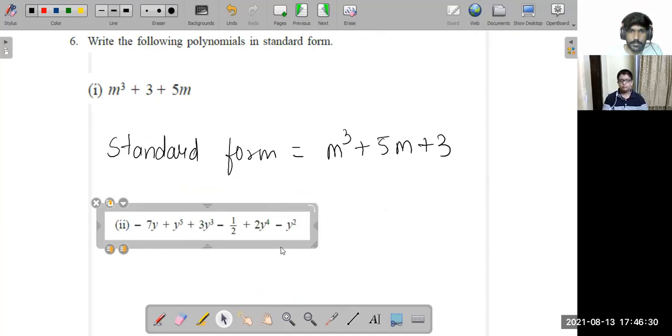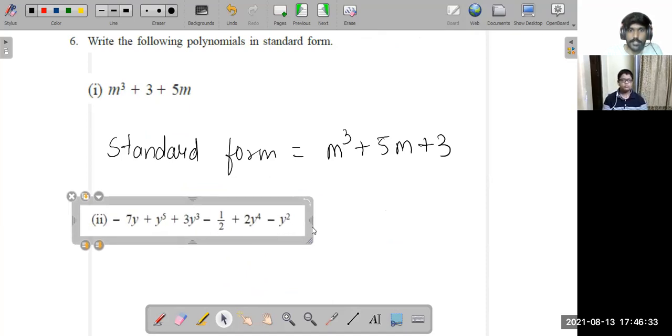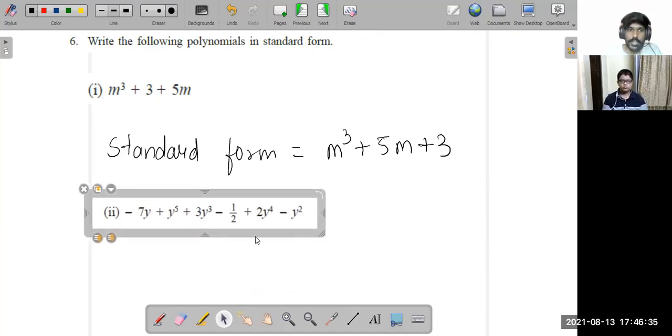Now do the second one. Write the question in your book, write the answer of the first one, and then do the second one. After that, tell me your answer.